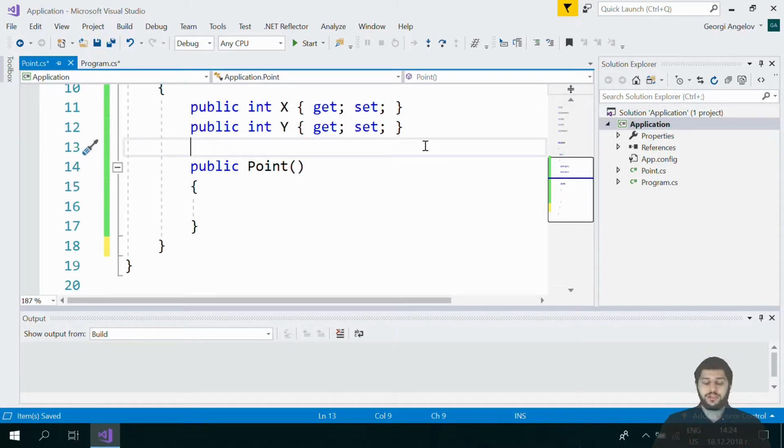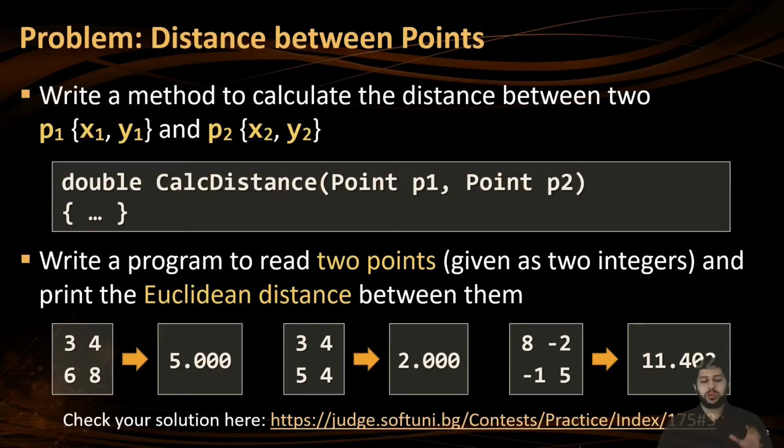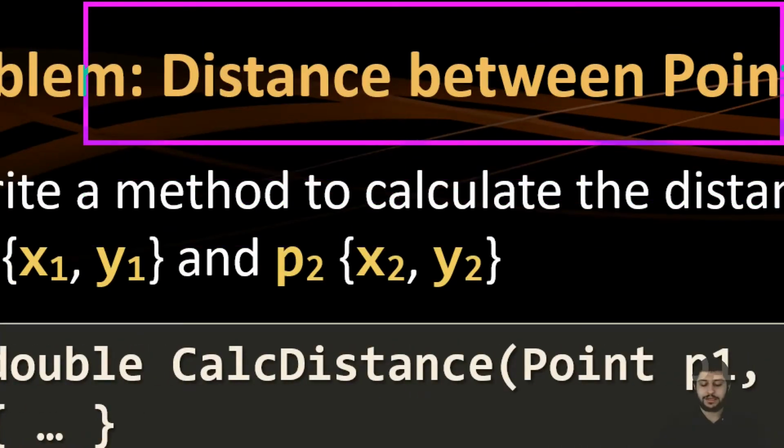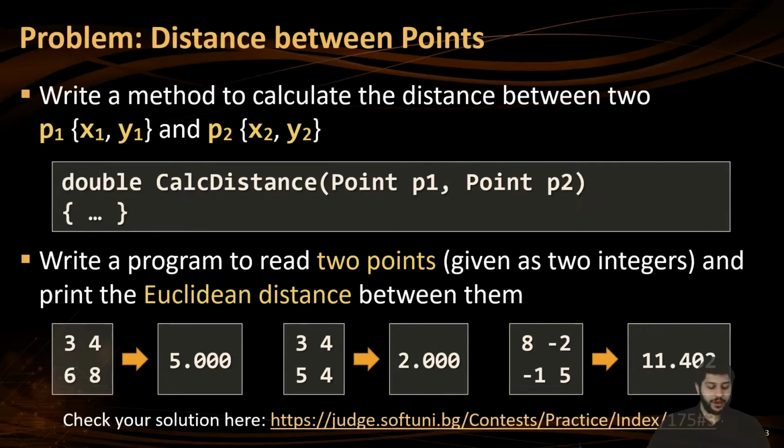Now, having such a point class, we can instantiate different points and output them on the console, or do different calculations using them. Okay, now that we learned how to create a simple object from a simple class, we can transfer to a little bit more complex example, and we have a problem to solve right now. The problem is called distance between points. So how do we calculate distance between points?